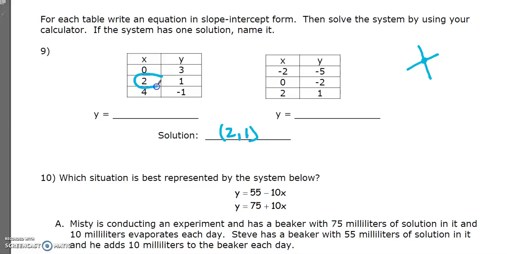Do you see right here, this is 2, 1. And over here we also had 2, 1. And of course, what was our solution? 2, 1. So if it's given to us in the table, we can see it already. There's really no sense in us having to do all the work that we just did. We could have just picked it out from our point that was given to us in the table.